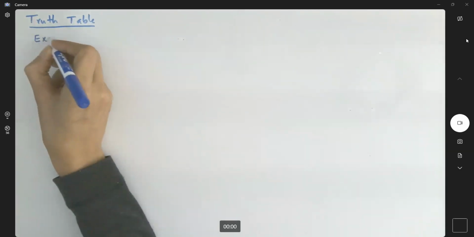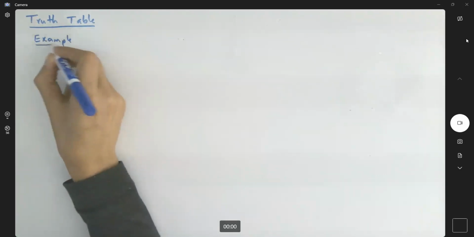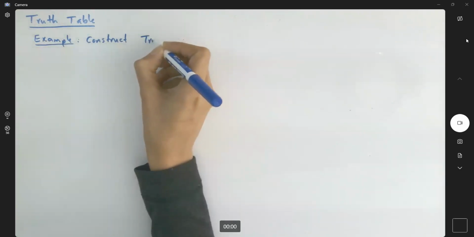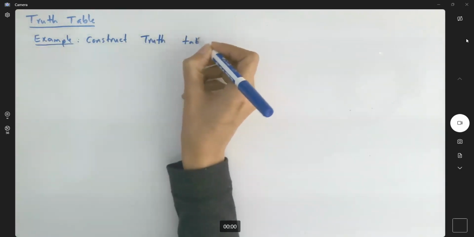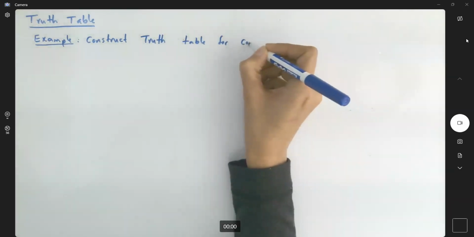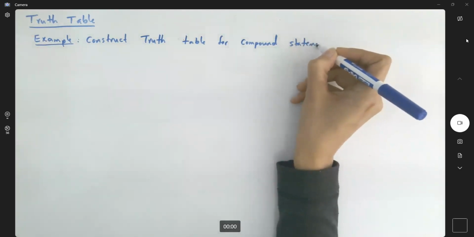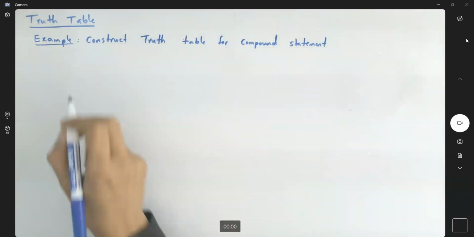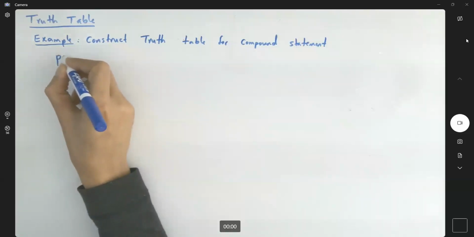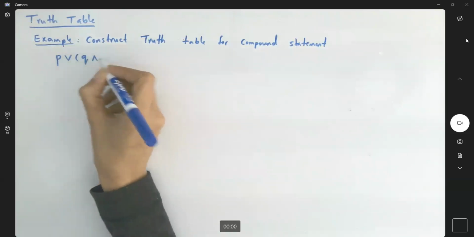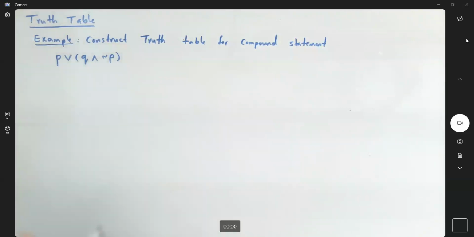Let's take a look at more examples on truth tables. In this example, the question asks us to construct the truth table for the compound statement, which is given to us as P or (Q and not P).